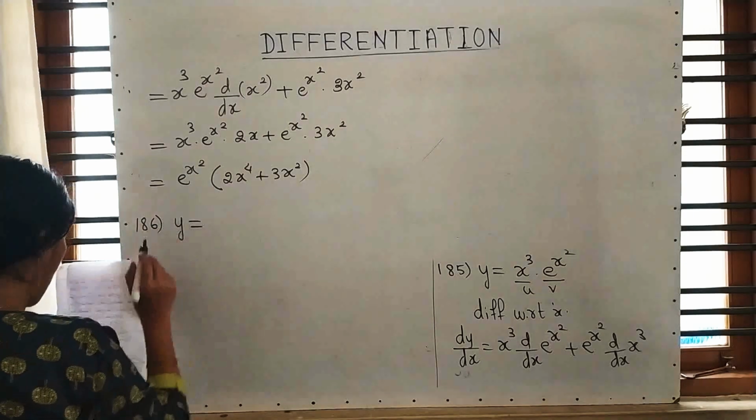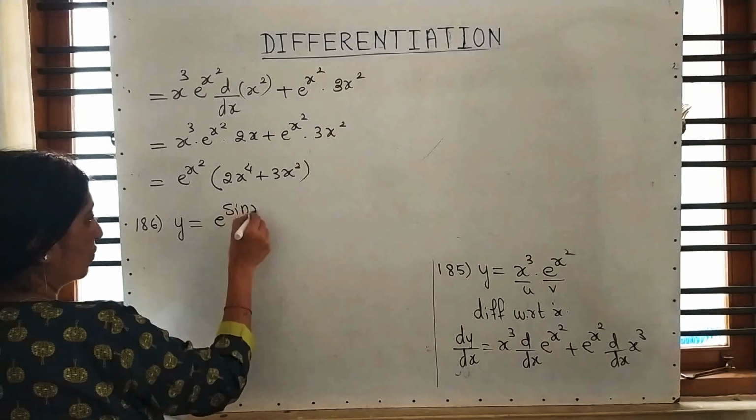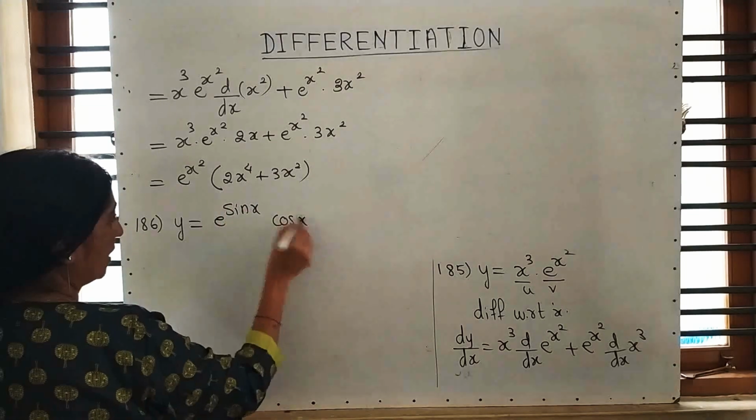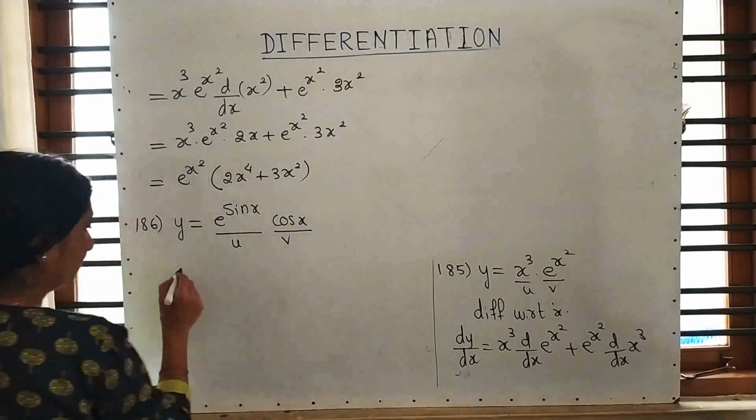Next, y is equal to e raised to sin x cos x. Again this is u, this is v.